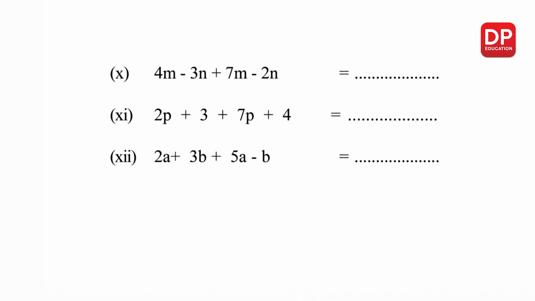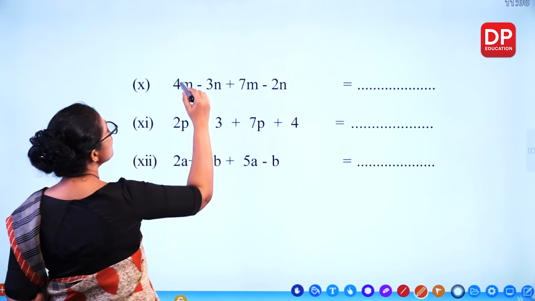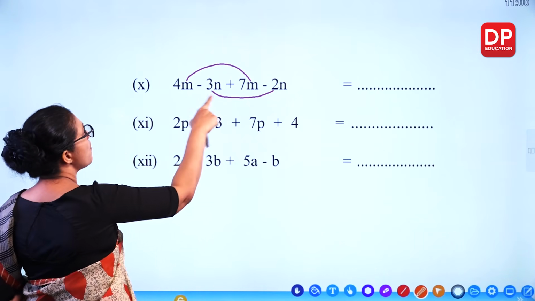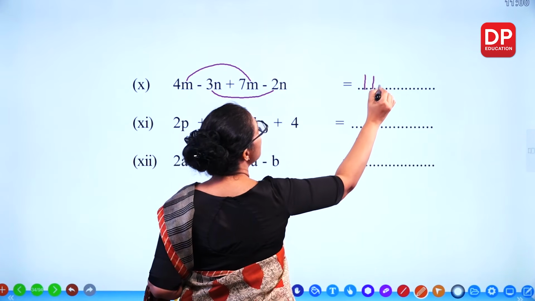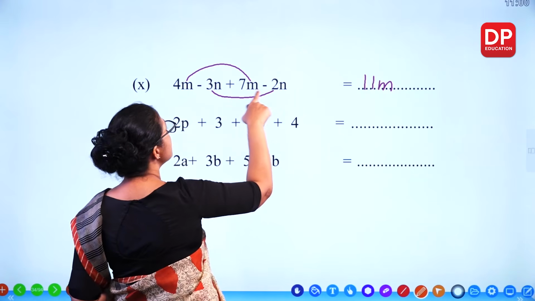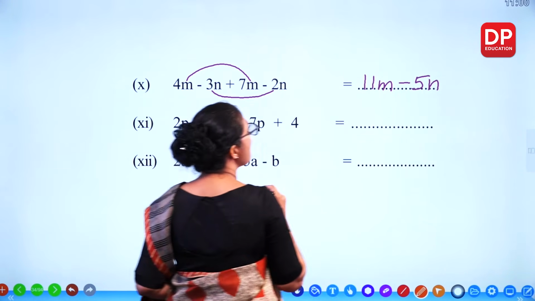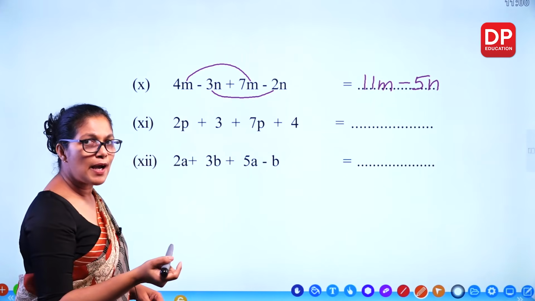This one, m terms and n terms. So, m terms you can simplify, n terms separately. 4 plus 7, 11m. Minus 3 minus 2, adding, minus 5n.